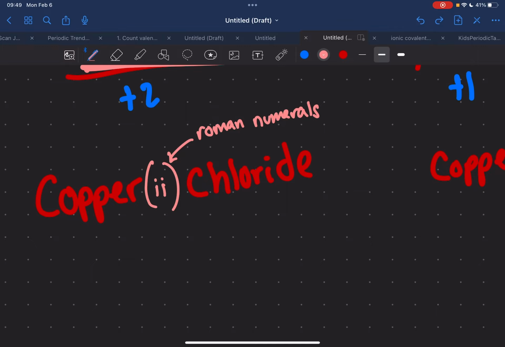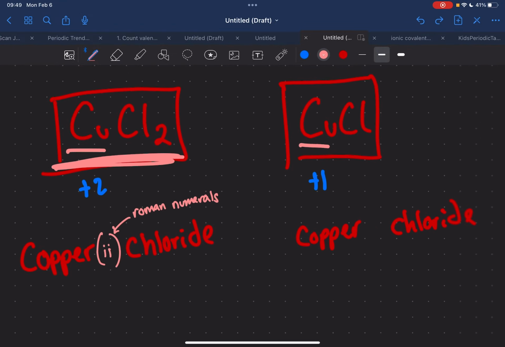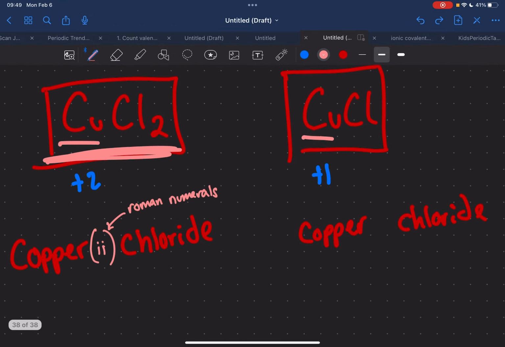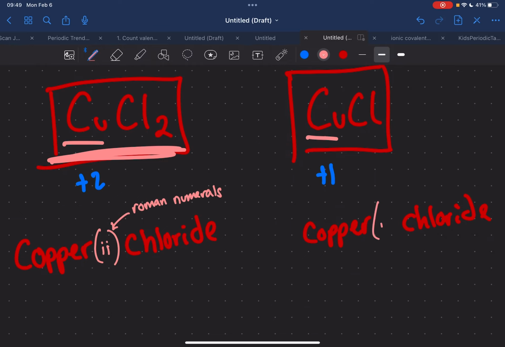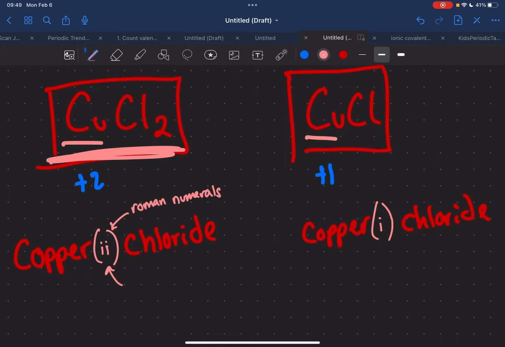I don't care. That's a Roman numeral for 2. This one is called copper I chloride, or copper 1 chloride. That's really how you say it, copper 1 chloride and copper 2 chloride. Now I want you to think for a second, what do you think that number in the Roman numerals represents?